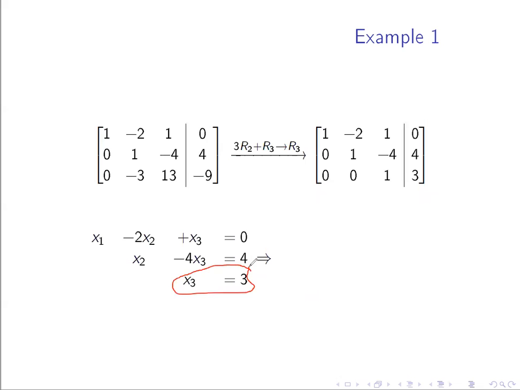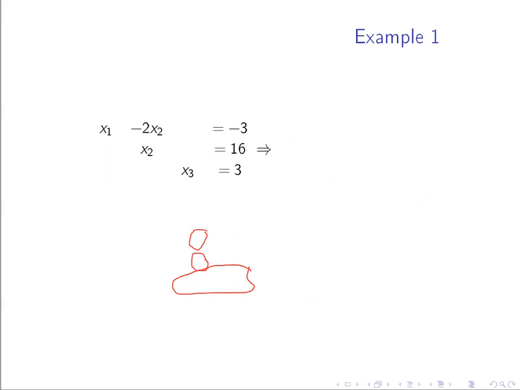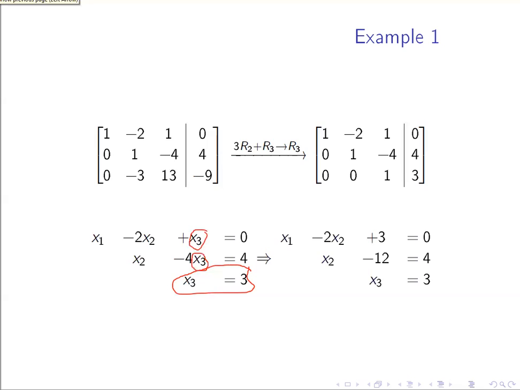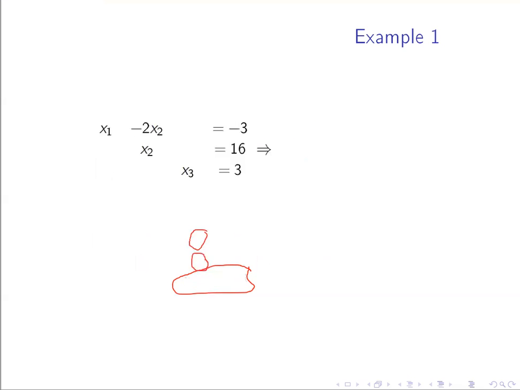We've already solved for one of our values. We can plug that into the spots where we have x3. If I do that, I get x1 minus x2 plus 3 is equal to 0, and x2 minus 12 is equal to 4. We can now solve for x2 by adding 12 to both sides, and subtracting 3 from the first equation, and I get this. So x2 is 16.